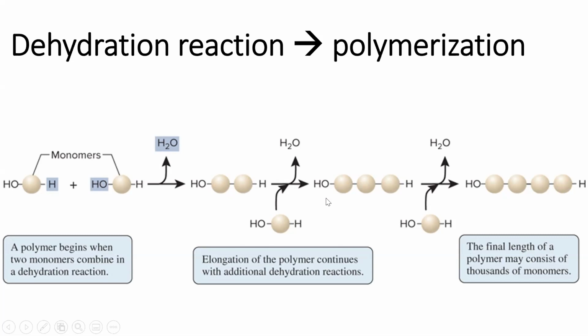So that is the dehydration reaction. A very, very important concept in Bio 181, because you're going to see our discussion in Unit 2 when we talk about the different reactions that are occurring in living organisms.